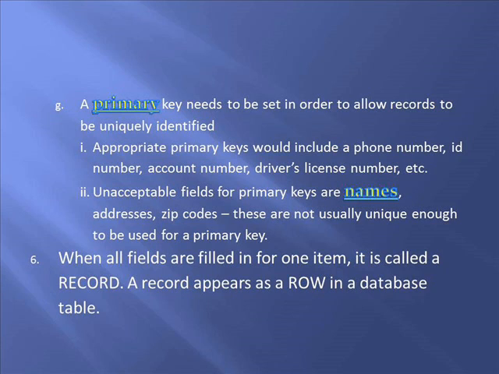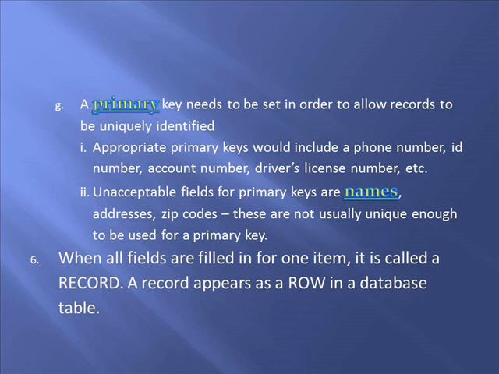In our table, our cookie table, we had the primary key set as the cookie name because in our database, we didn't want to allow for our database to have more than one chocolate chip cookie recipe. Now, we might have variations of chocolate chip cookie recipes, like we might have a chocolate chip pecan or a chocolate chip oatmeal, but we are going to set our recipes up so that our cookie name is the primary key so that we don't have redundant recipes for our chocolate chip cookies.